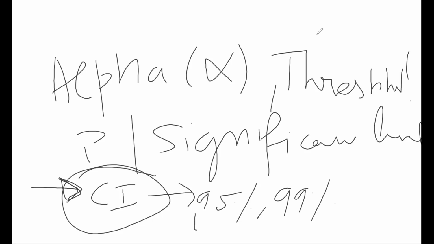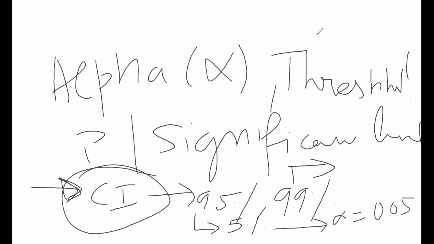So if we are taking 95% confidence interval, that means there is just 5% probability that our values lie outside this range. So the alpha would be 5%, that means 0.05. And in case of 99% confidence interval, it means we are 99% sure that our value lies in this range, and the chance of a false positive type 1 error would be only 1%.